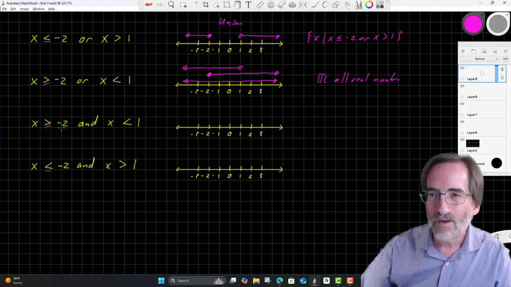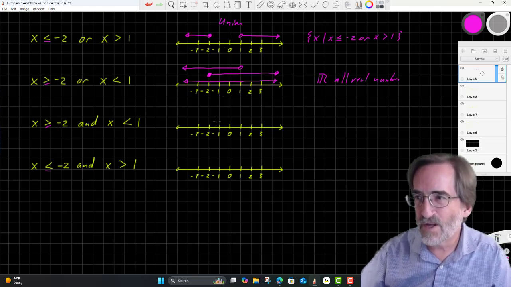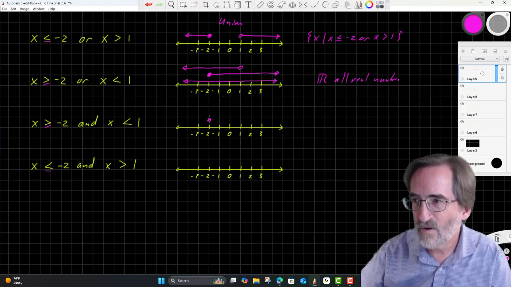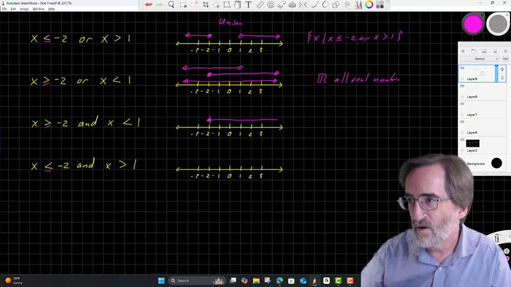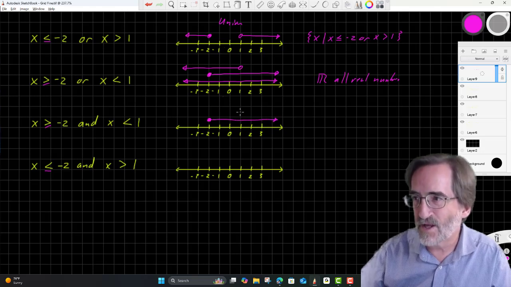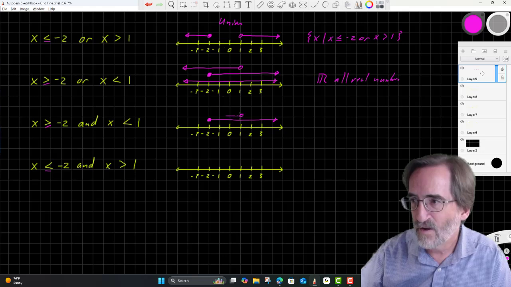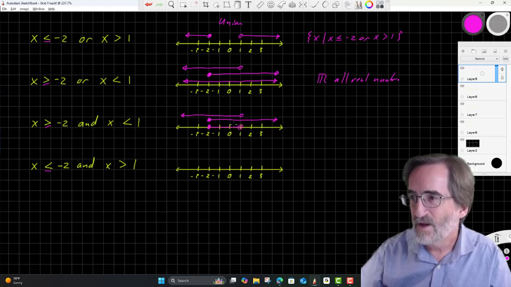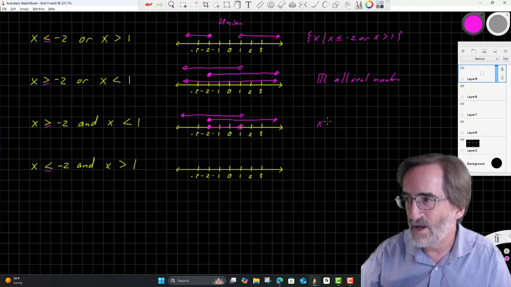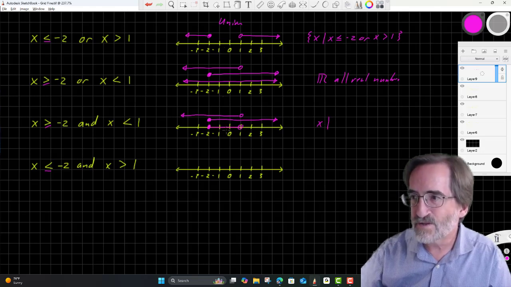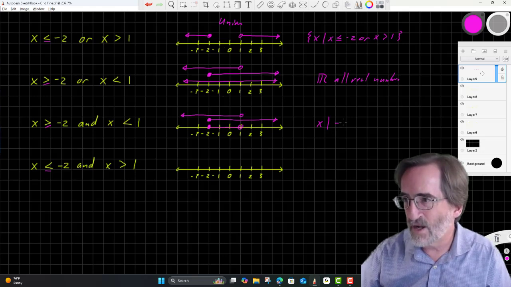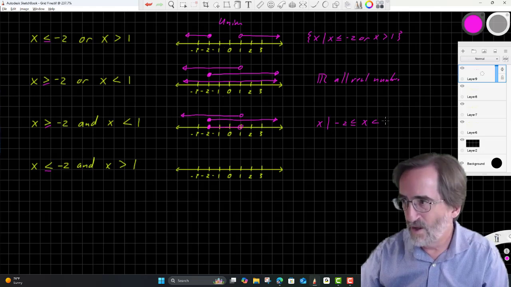Okay? As opposed to x is greater than or equal to -2 and x is less than 1. The overlapping part is from including -2 to +1 exclusive. And so we say x such that, and this is read as x is between -2 inclusive and 1 exclusive.